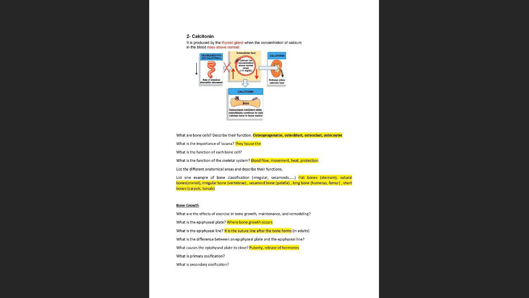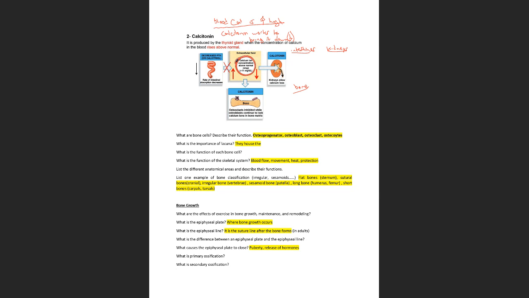Calcitonin does the opposite effect, okay? But it still acts on these same three organs. So blood calcium is high. Calcitonin works to bring it down. So how does it do that? Again, those same three organs, our intestines, our kidneys, and then our bones.